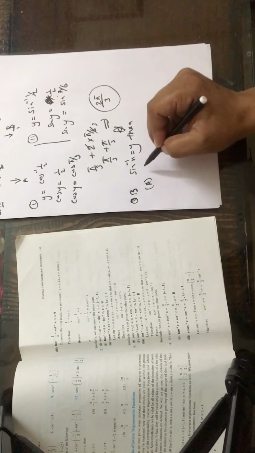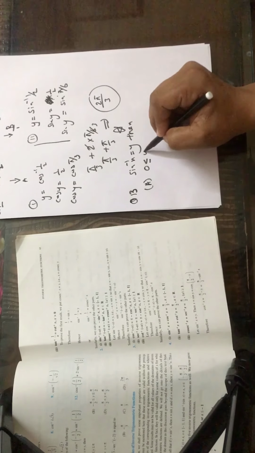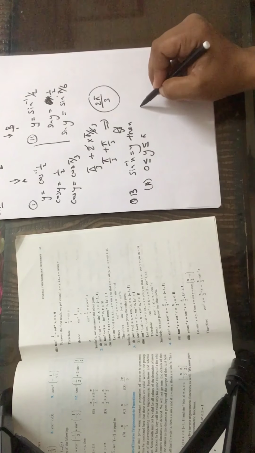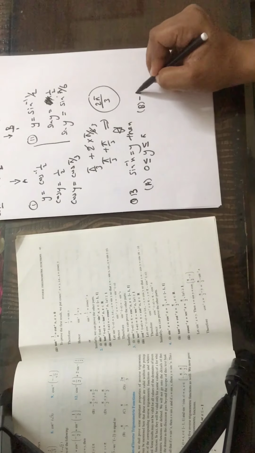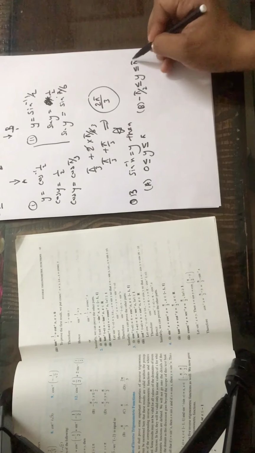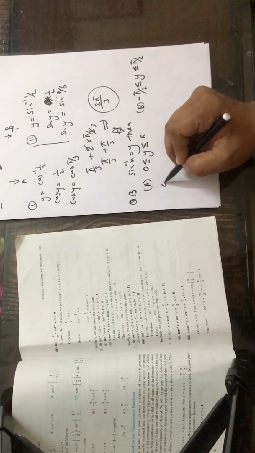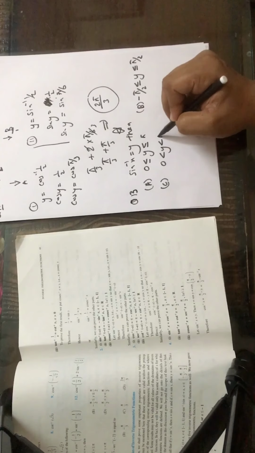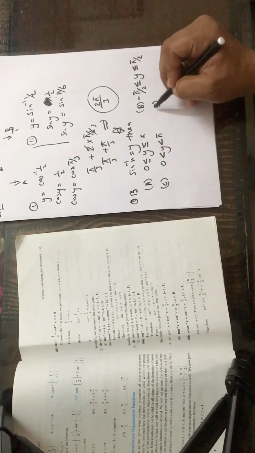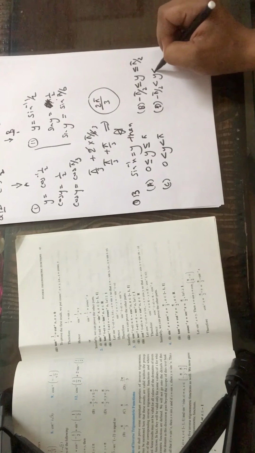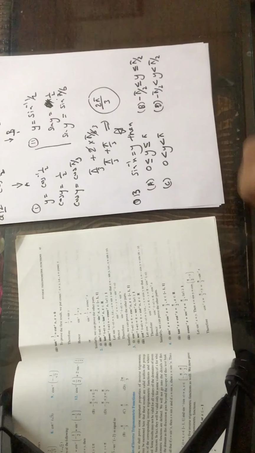A option says y is greater than or equal to something with pi, B is negative pi by 2 greater than or equal to y, up to pi by 2, C option says 0 to pi, and D option says minus pi by 2 to pi by 2. Got it? Now you have to just think about it.